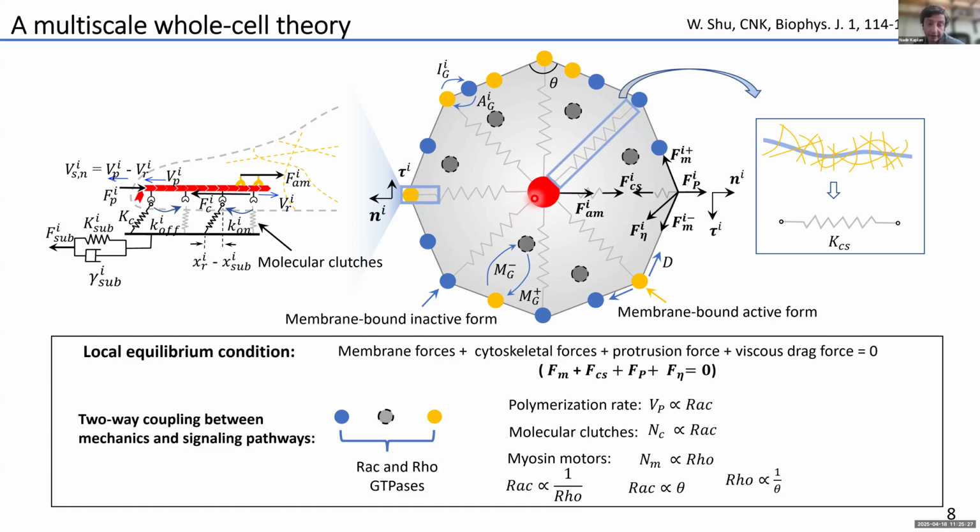Altogether, the force balance at the vertex level, but also at the structure level at the nucleus, will give us a picture of how the cell migrates and how it changes shape.